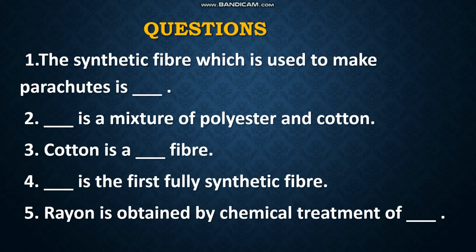Dash is a mixture of polyester and cotton. Third one. Cotton is a dash fiber. Fourth one. Dash is the first fully synthetic fiber. The last. Rayon is obtained by chemical treatment of dash.